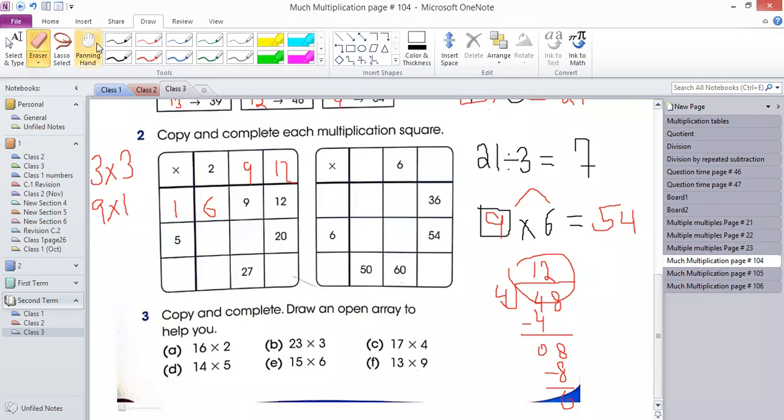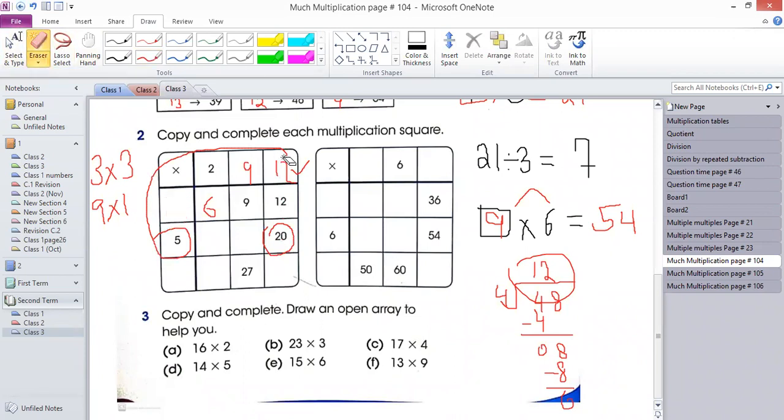Now look here, guys. If I write here 1, that means there is 12. So 5 multiplied by 12 is not 20. Here 20 is already written, which means that if we multiply 5 with this number, the answer must be 20.